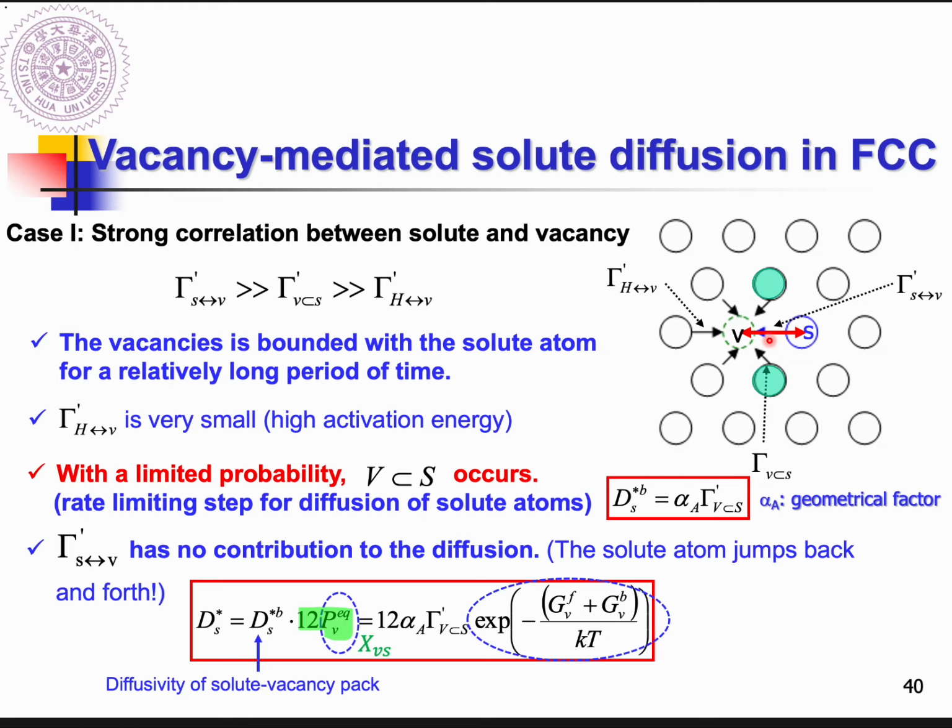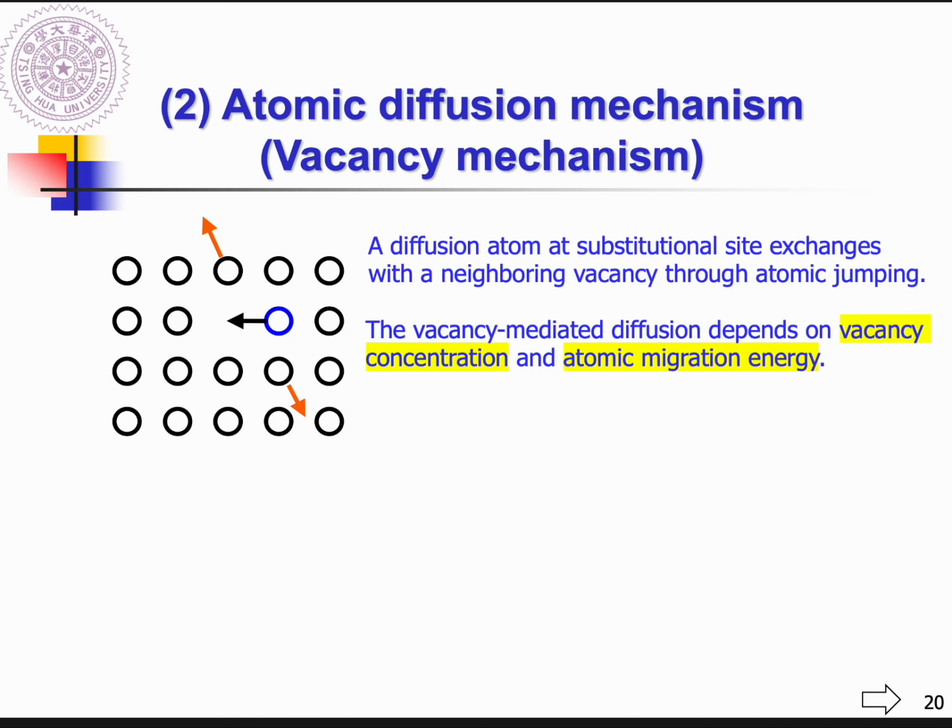But some people will probably ask, Professor, in the vacancy mediated diffusion mechanism, we didn't times 12. Why? In that vacancy mediated case, let me grab the figures. For that one, we only have one vacancy, right? Vacancy here, right? So the neighboring atom can only exchange location with this vacancy, just one vacancy.